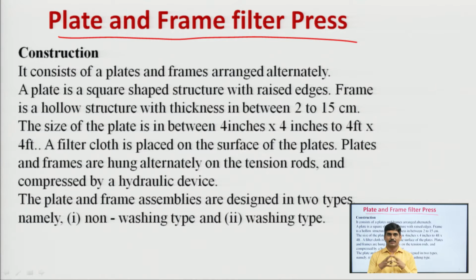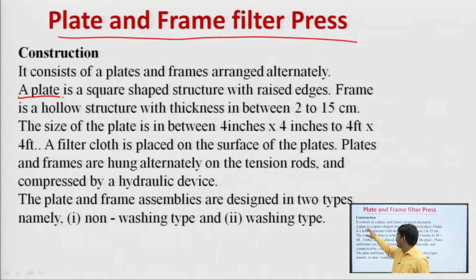Both are used combinedly in a filter press, and then that filter press is called a plate and frame filter press. It consists of plates and frames, both arranged alternatively. That means frame, then plate, then frame, then plate, like that, in an alternate manner.